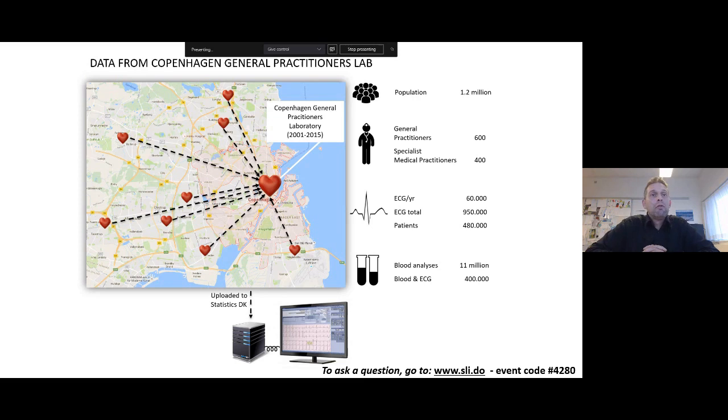So over the period of 15 years, 950,000 ECGs were collected from about 480,000 patients. We were also so fortunate that the labs gave us access to blood work, so we have both the ECG and blood from about 1/3 of the population of Copenhagen.